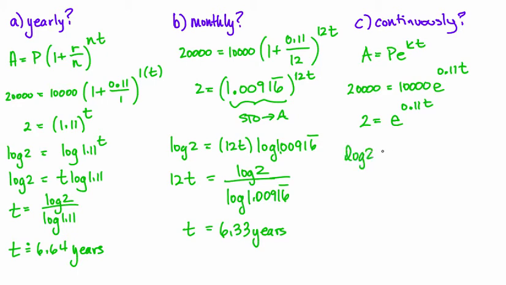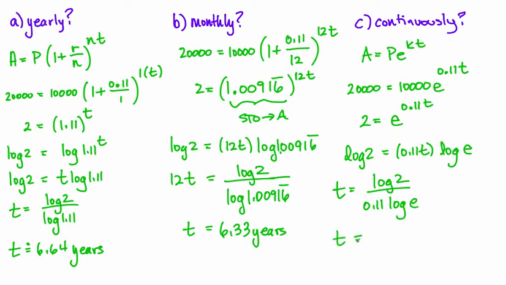So log 2 is equal to, when I log this, the 0.11t will come down, and I get log e, and divide both sides by log e and 0.11. So I get log 2, it's going to get divided by 0.11, and it's going to get divided by log e.